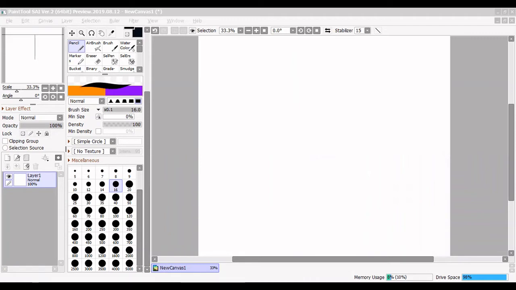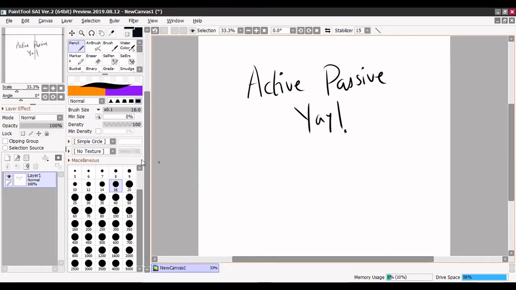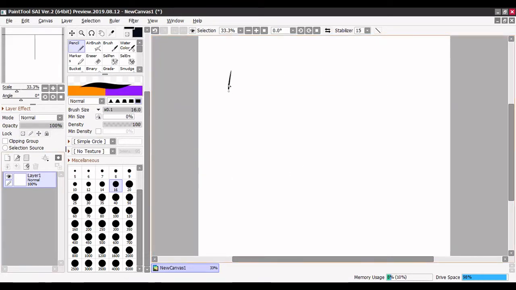Okay, so basically we're going to start with me explaining what exactly is the difference between active and passive. For active voice, it can be said that we have a subject, a verb, and an object. Usually in the English language, this is the normal structure of a sentence.